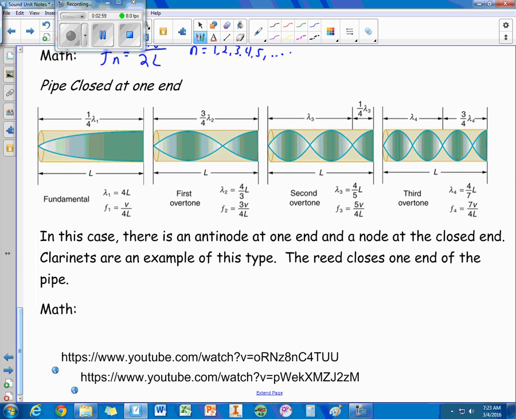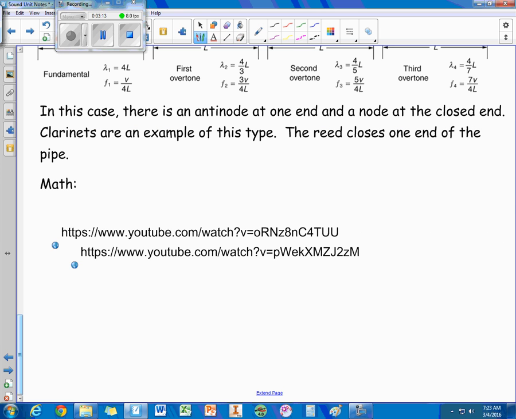Now, for a pipe that's closed at one end, open at the other, we must have a node at the closed end and an antinode at the open end. And this does change the math a little bit. This time it's over 4L, and n has to equal odd integers.